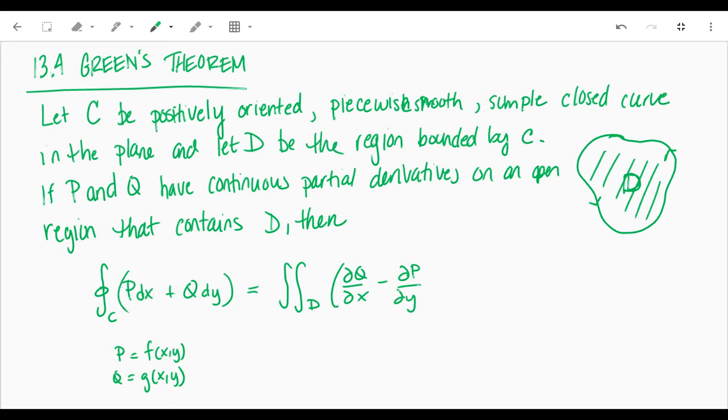Notice the change in order there: P with respect to y, Q with respect to x, dA.